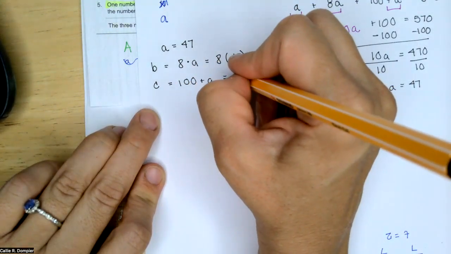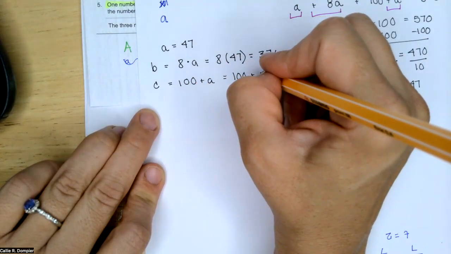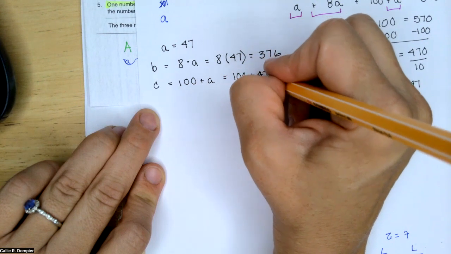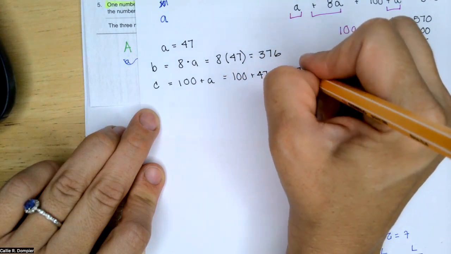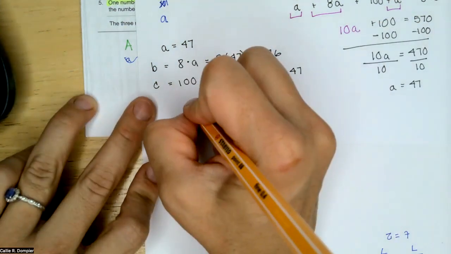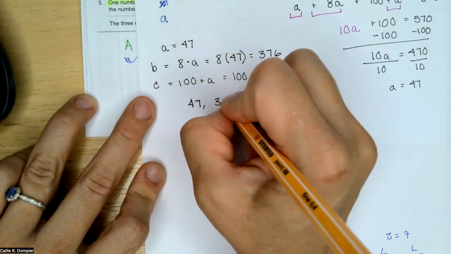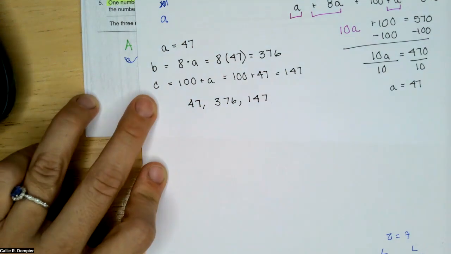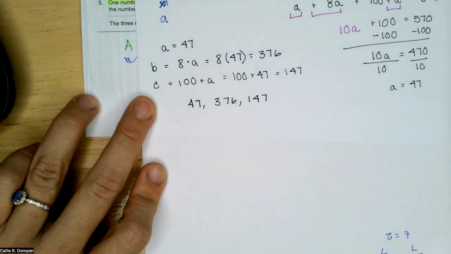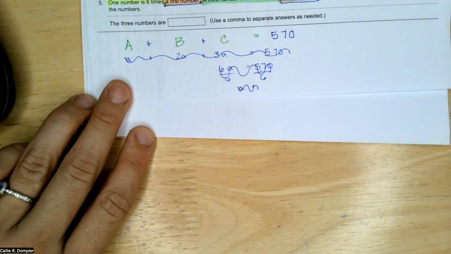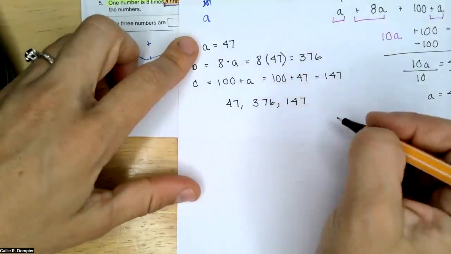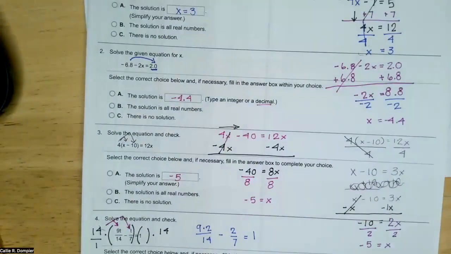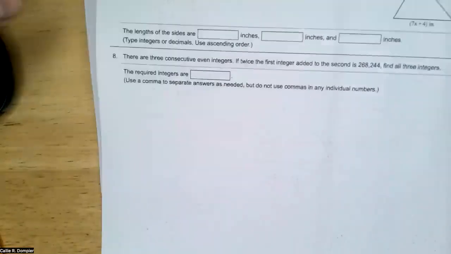So that will be 100 plus 47, which is 147. So the three numbers are 47, 376, and 147. Good. Use commas to separate the answers. It doesn't tell you what order to put them in. So that is question 5.